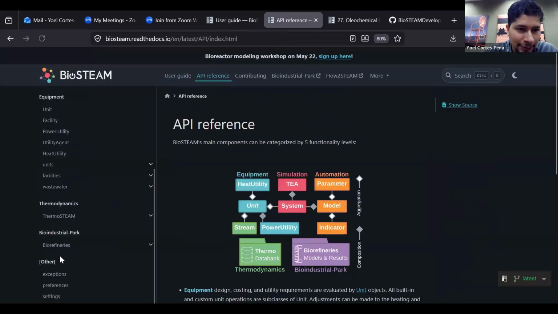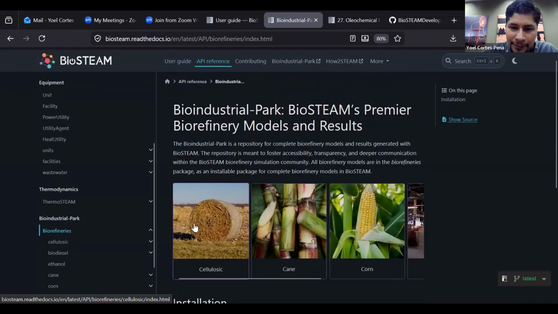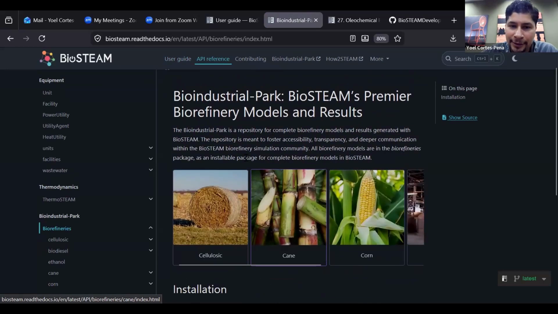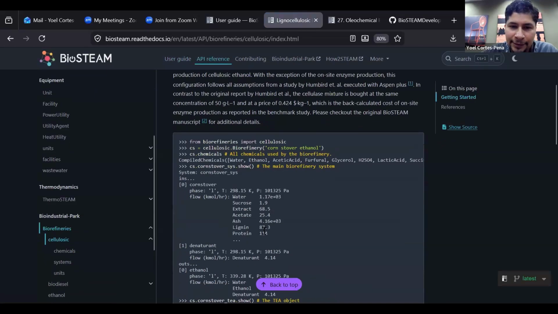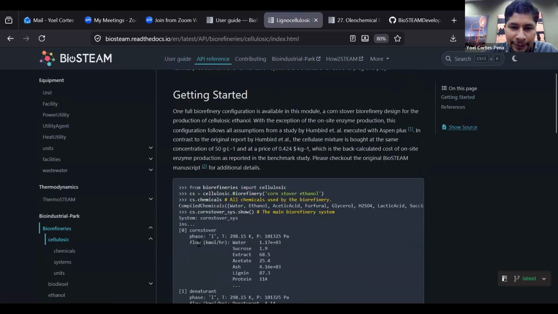Let me just show you something here for biorefineries. Here we have some documentation. It's not too detailed for some of the main biorefinery models from the Bioindustrial Park. So here for cellulosic, for example, you can create a full biorefinery.